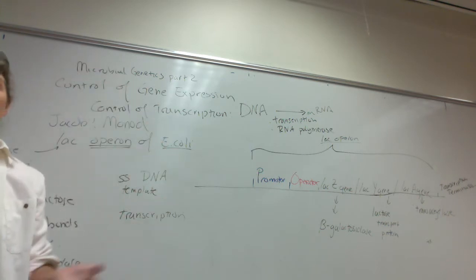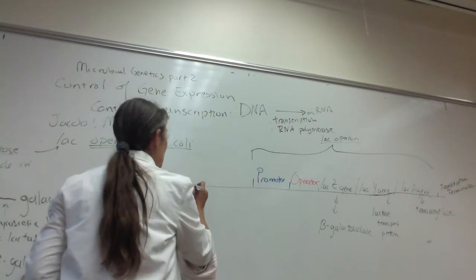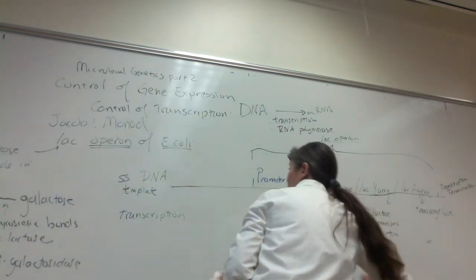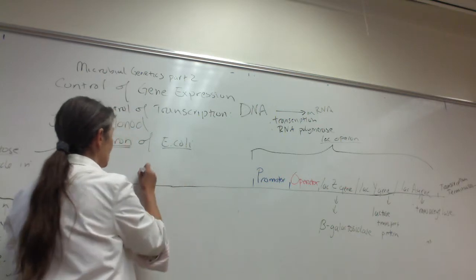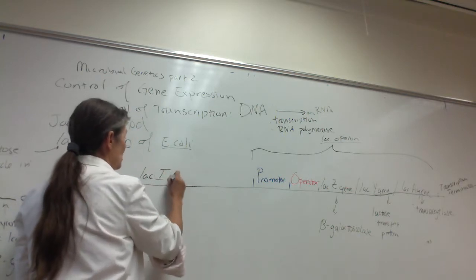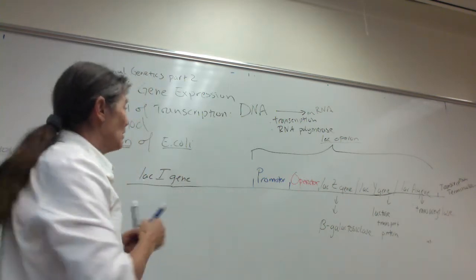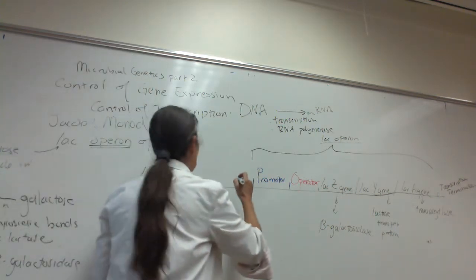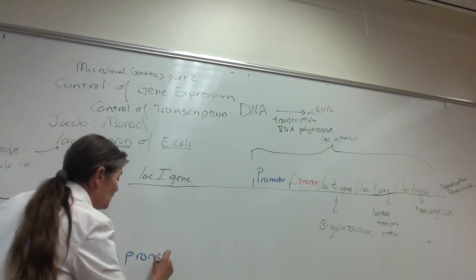Now, on the bacterial chromosome, outside of the Lac Operon, is another gene. And this gene is called the Lac I gene. It too has a promoter. So are you all right if I put P equals promoter? Is that okay?